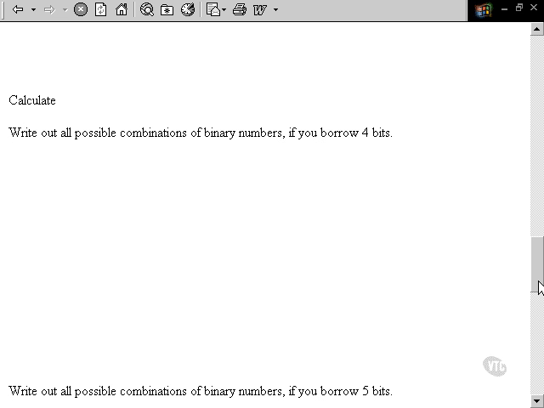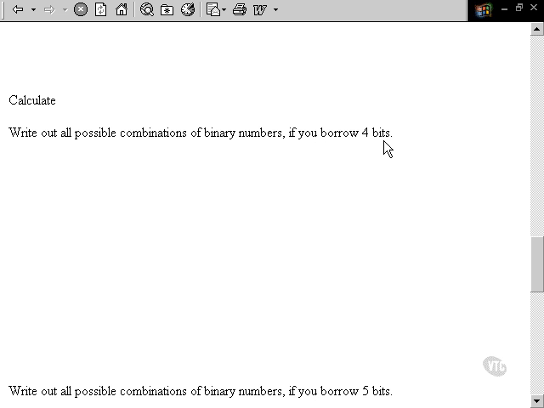What I'm going to ask you to do is to work through some calculations. If you go to the folder called Stuff and print out an HTML document that's labeled 03 borrowing bits, I'd like you to go through and do the following calculations.